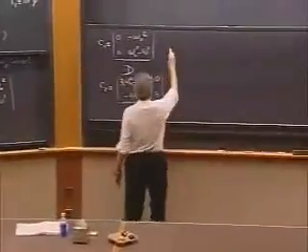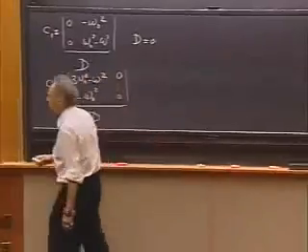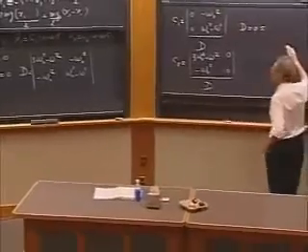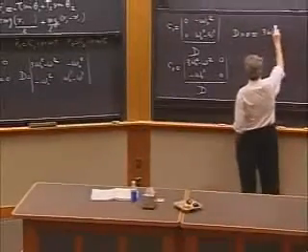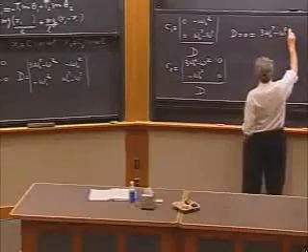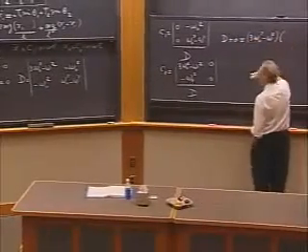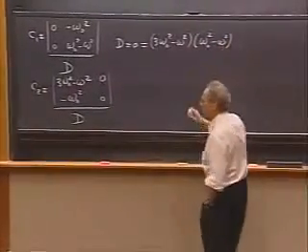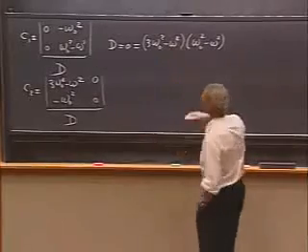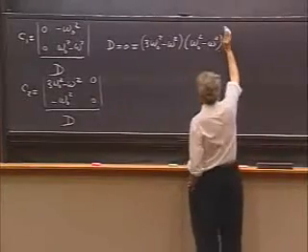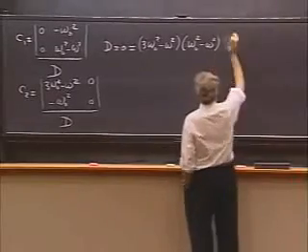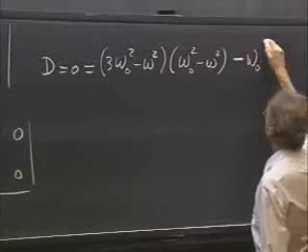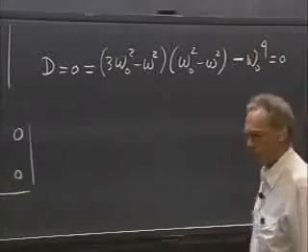So when we make D equal 0, we do get that the determinant of that matrix becomes 3 omega 0 squared minus omega squared times omega 0 squared minus omega squared, and then minus the product, that becomes a minus, because minus minus is already plus, so I get minus omega 0 to the 4th equals 0.